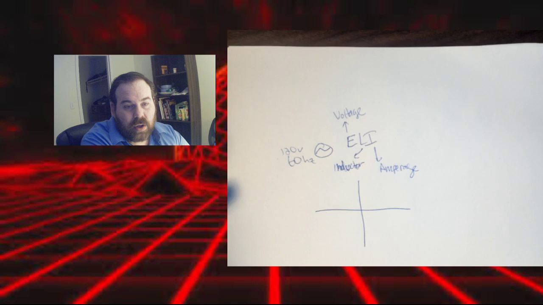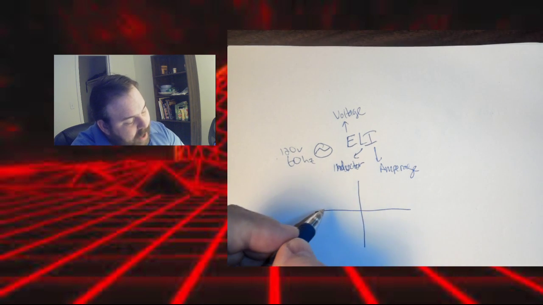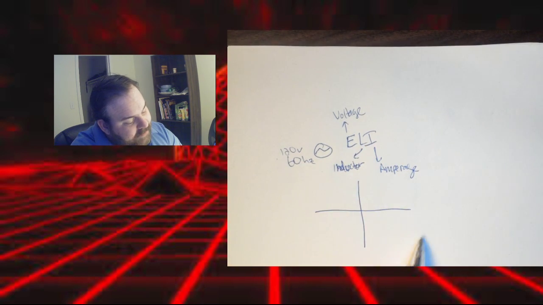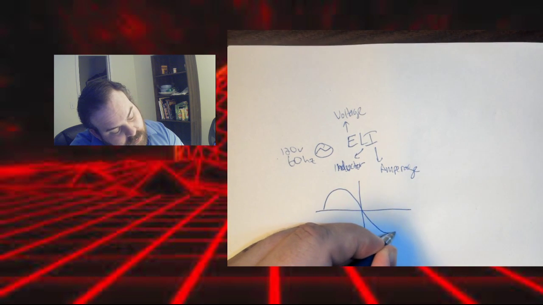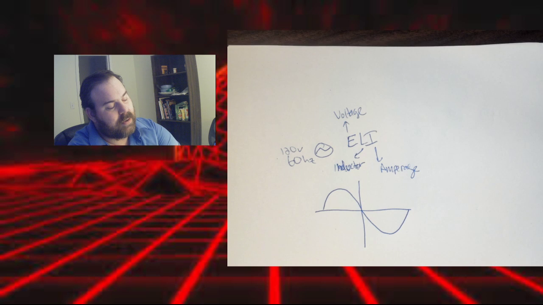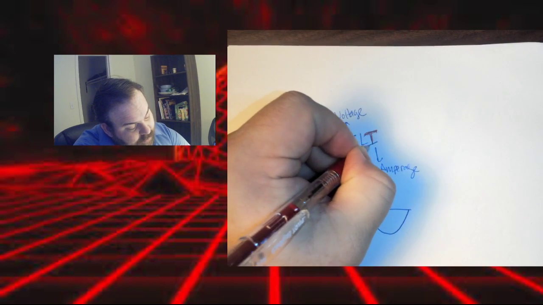It means a coil of wire. That's what it's there for. What happens is when you have an inductive circuit, your voltage, so I'm going to make our I this red, actually.